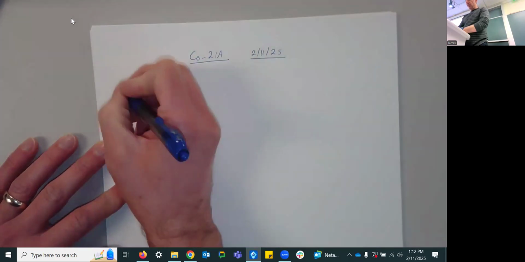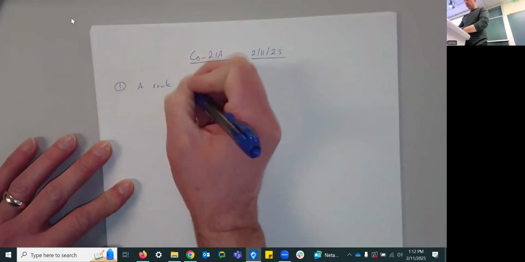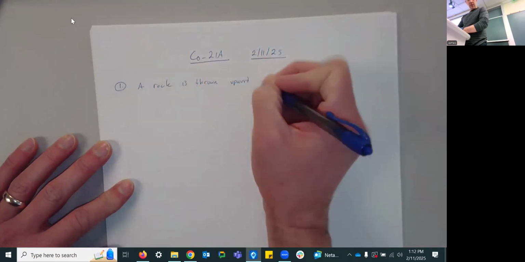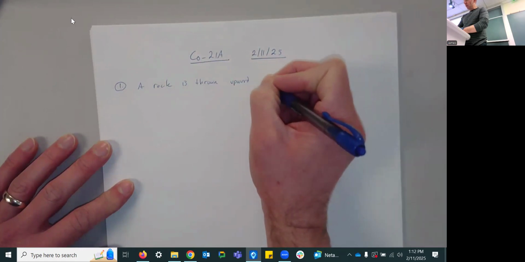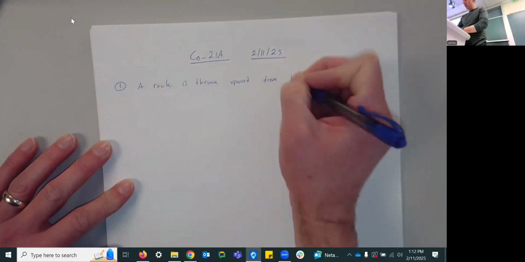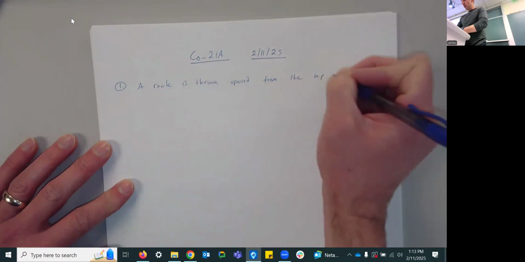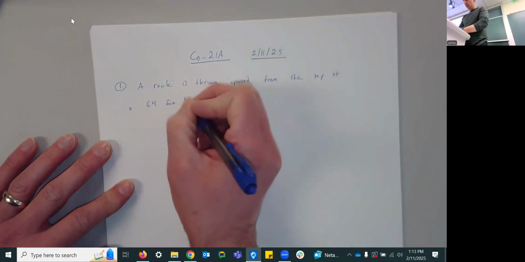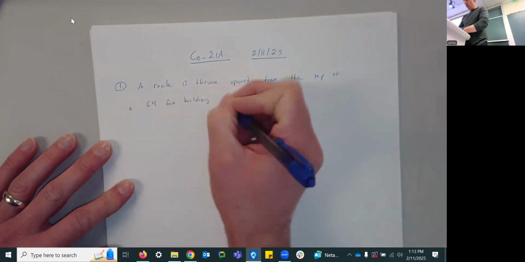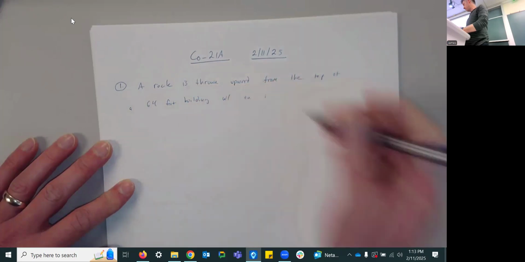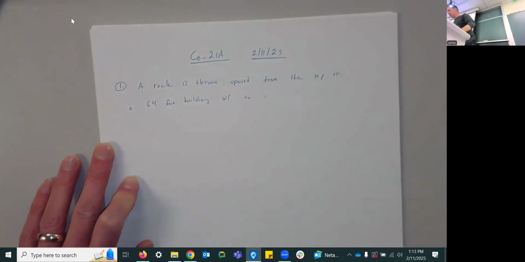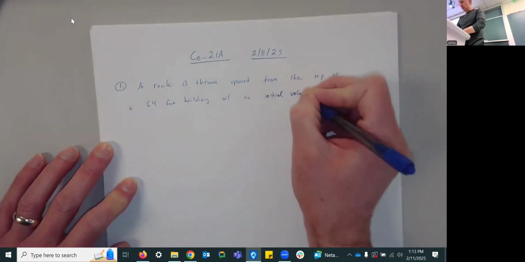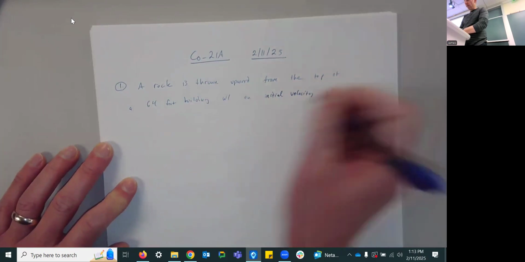Here's the setup. A rock is thrown upward from the top of a 64-foot building with an initial velocity of 48 feet per second.